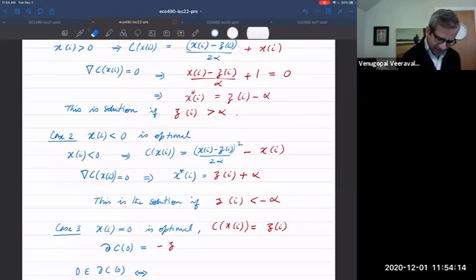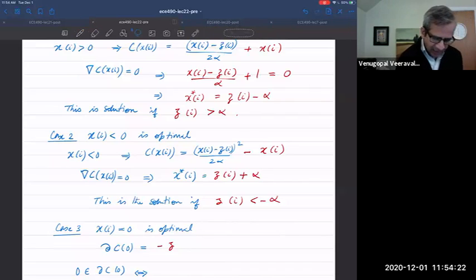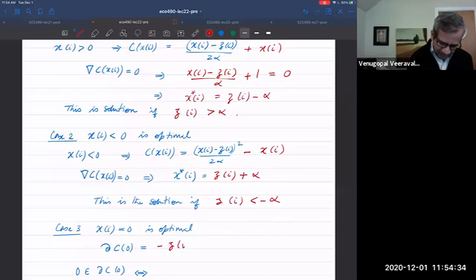So the first part is differentiable. So this term in xi minus zi divided by alpha, with xi at 0, I'll just get minus zi divided by alpha. So if I look at the subdifferential, I need the derivative. So it's minus zi divided by alpha from this first term.